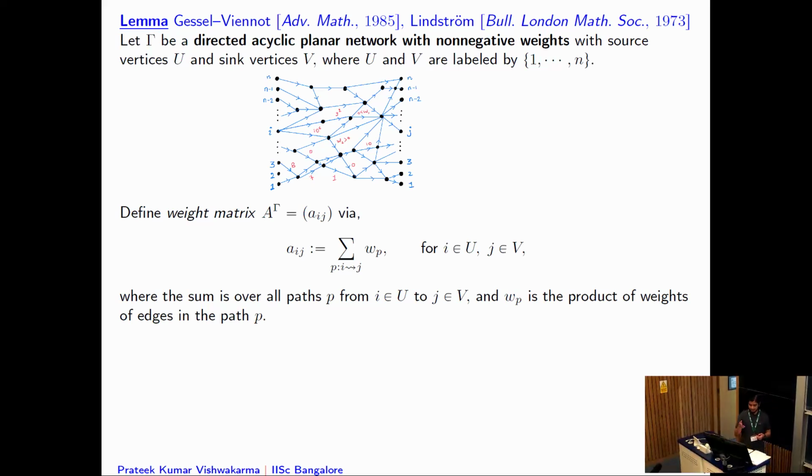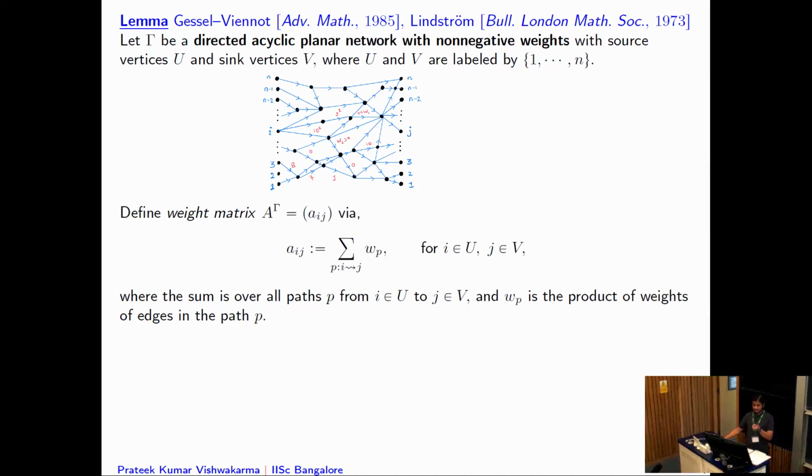For a given network, we define a weight matrix A_gamma, in which the ij-th entry is the sum over all paths P from vertex i in U to vertex j in V of w(P), where w(P) is the product of weights of edges in the path P. This matrix is clearly entry-wise non-negative because all the edge weights are non-negative.